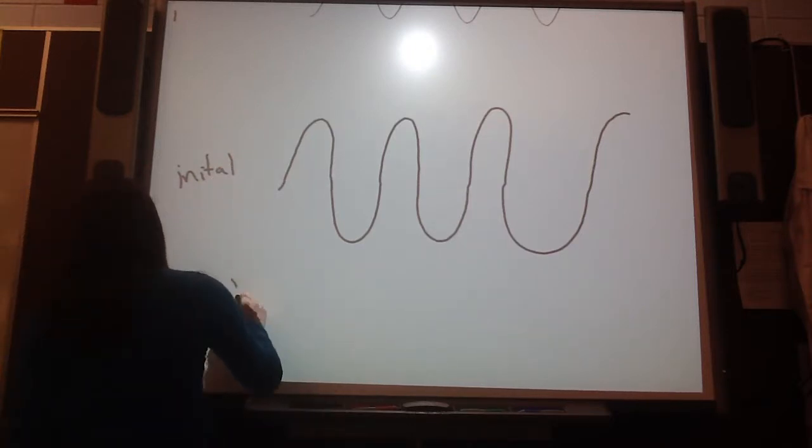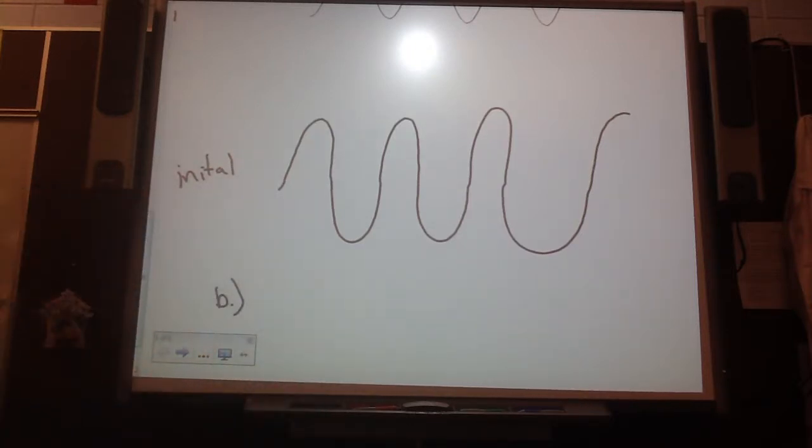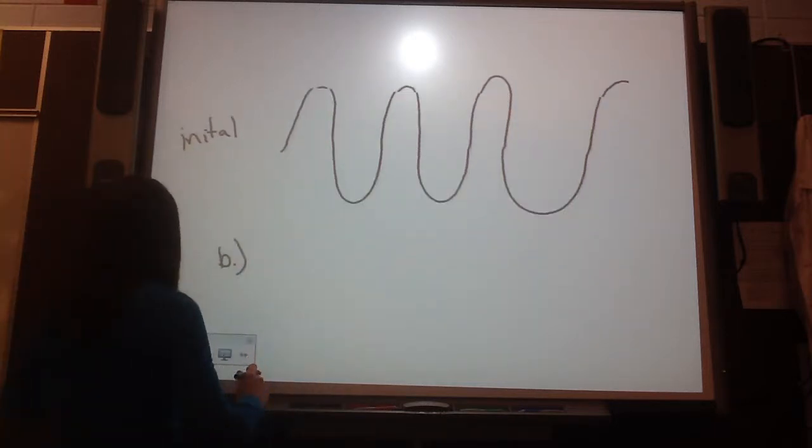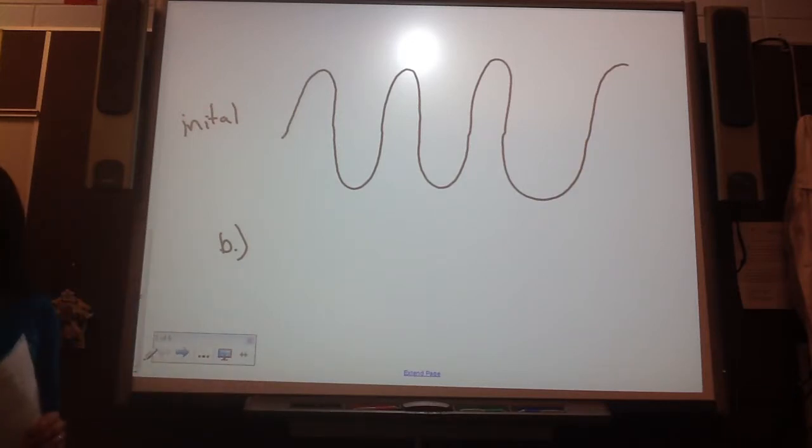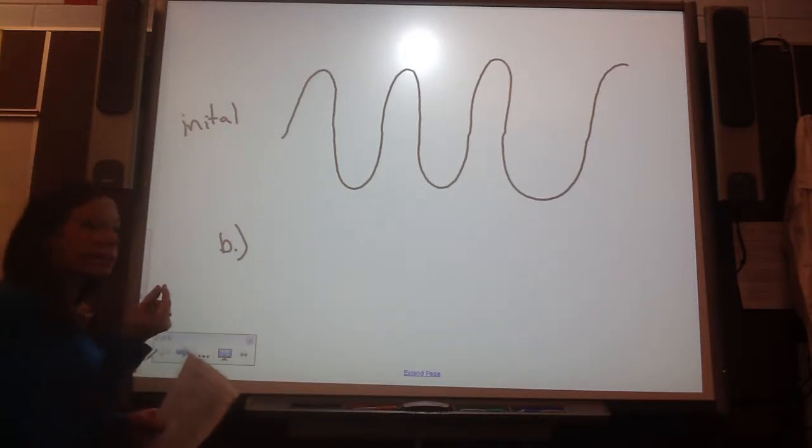So let's say this is our initial wave, okay? This is our initial wave. So with part B, the wave's frequency increases, but speed stays the same. So what needs to happen is that I need to have more waves in the same amount of time. Okay? More waves in the same amount of time.